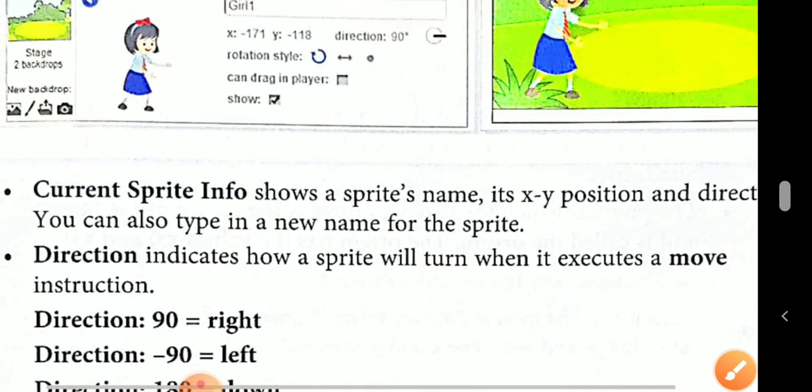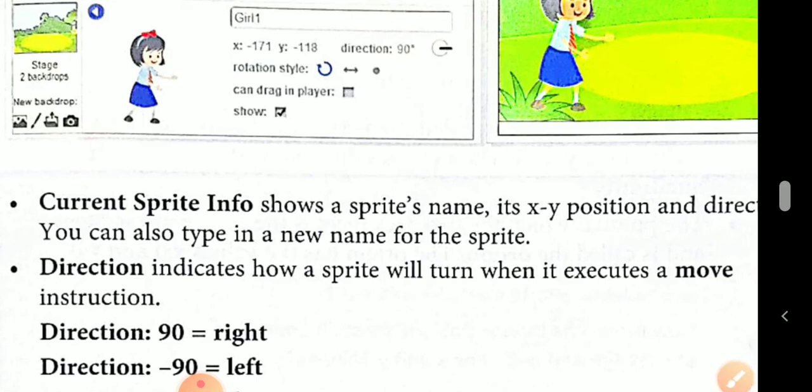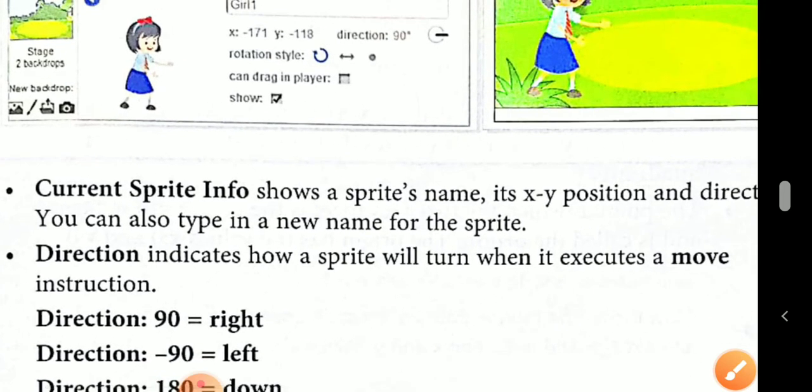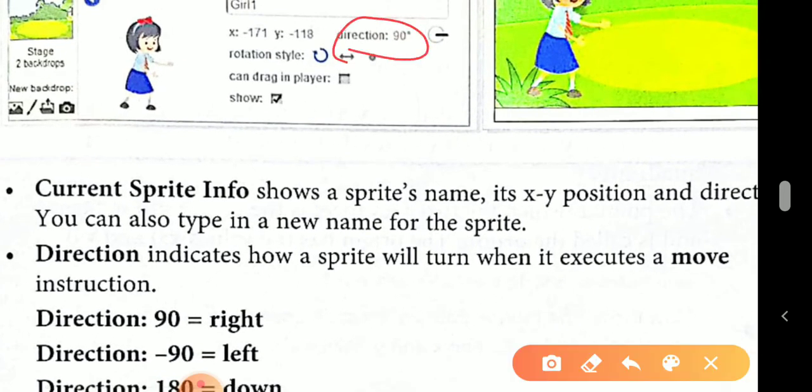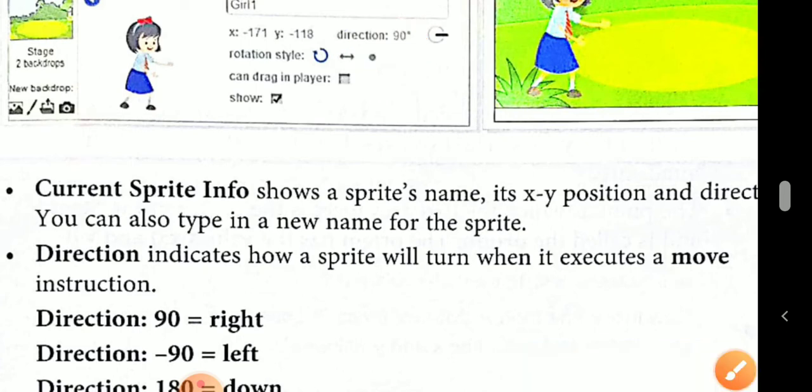Now the direction portion. Direction indicates how a sprite will turn when it executes a move instruction. It means you give a moving instruction, move our sprite to the bottom left corner.